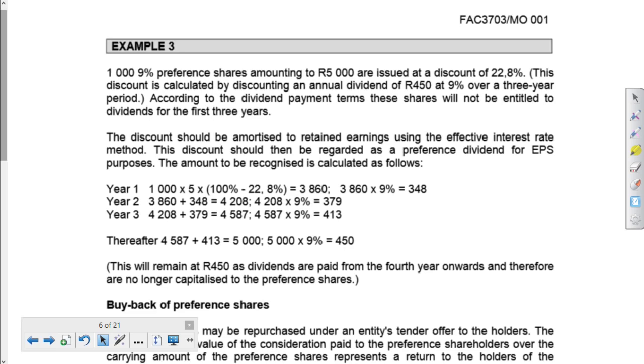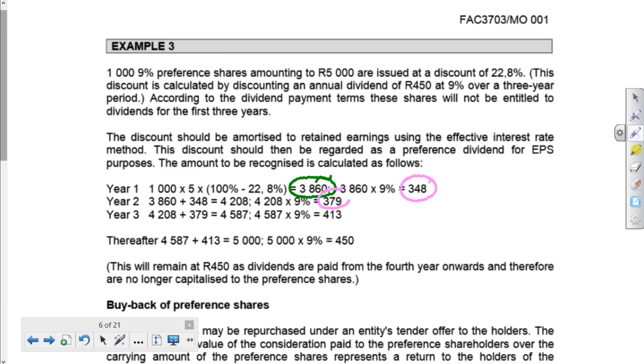Is it 3,860? Okay, here it is, 3,860. So I issued them at 3,860, which means that the difference of 1,140, I'm going to have to account for as dividends. Do you agree?